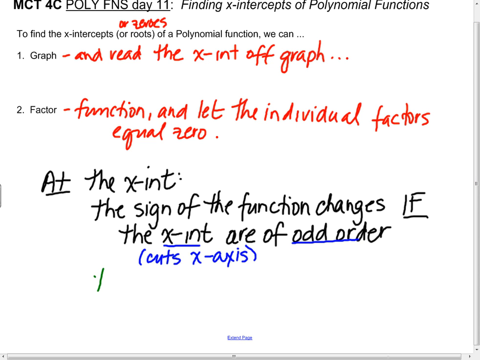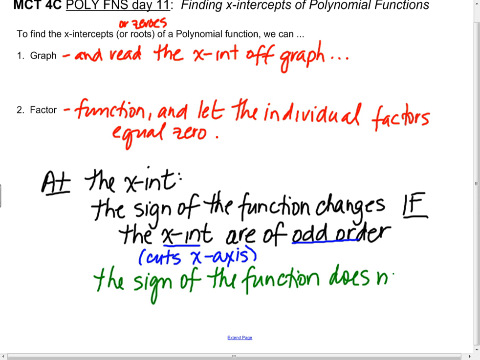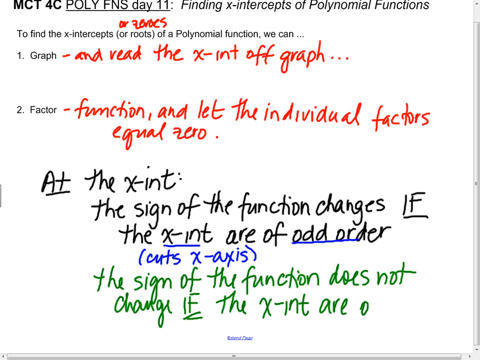The sign of the function does not change if the x-intercepts are of even order.